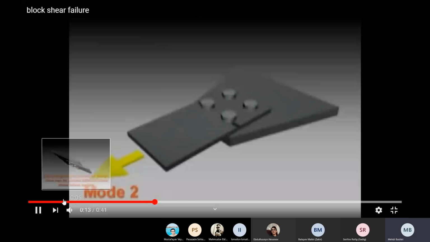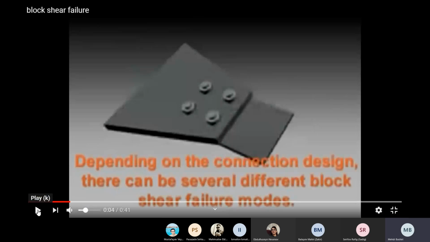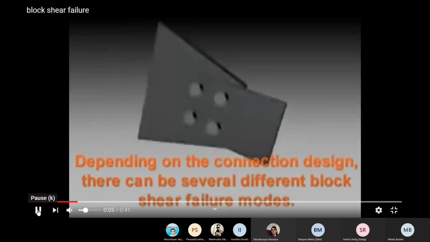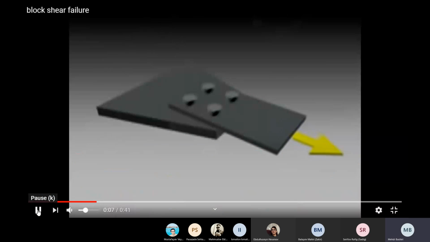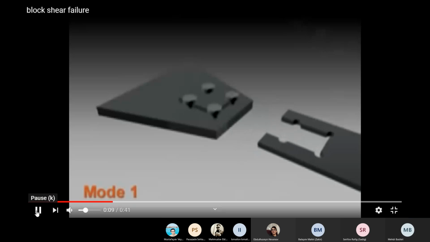What's the difference? We have a couple of modes, a couple of scenarios. The first scenario is this. You can see that the inside part remains here, and the external parts take part.